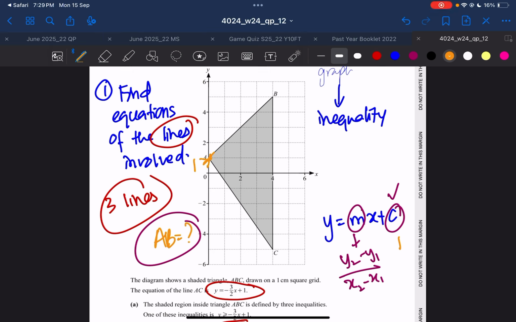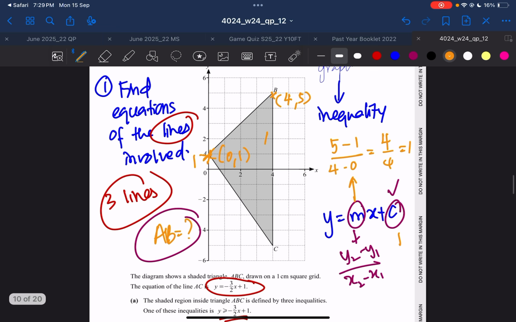And then the m, find its gradient. So I'm just going to select the point here, 0, 1, and then the point here is 4, 5. Or maybe we can go for something easy, 2, 3 here, or 3, 4, any will do. So I'm just going to go for those two that I chose. Okay, formula y2 minus y1 over x2 minus x1. So I have 4 over 4, which leads me to 1.